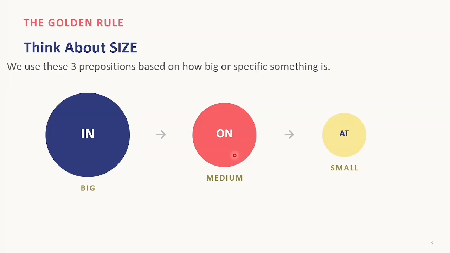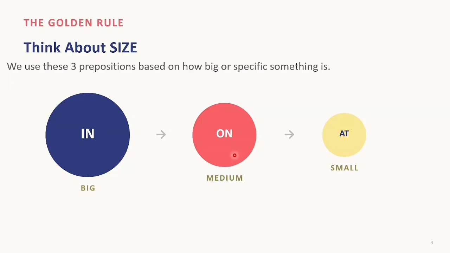When we are walking on the road, of course we are not between any boundary or inside any room, so we are on something that we walk on. We call them medium size.